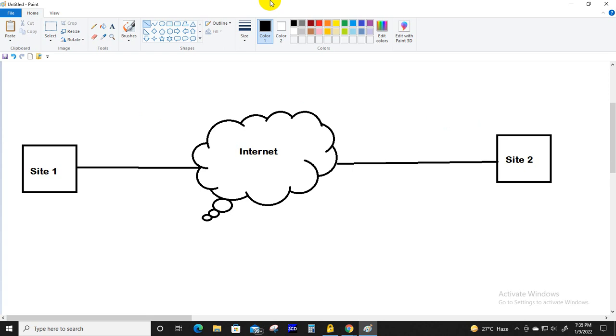Now, between these two sites, a VPN tunnel is created over internet. This is the VPN tunnel between these two sites.